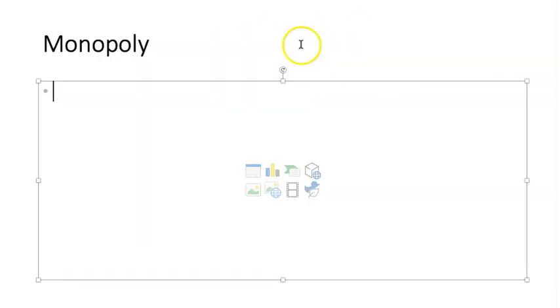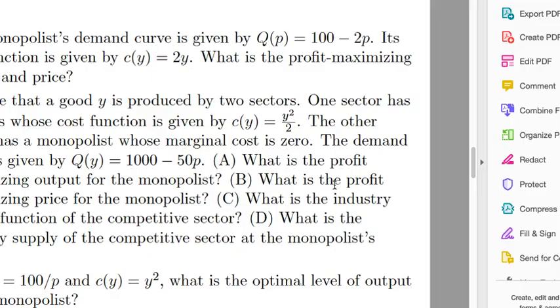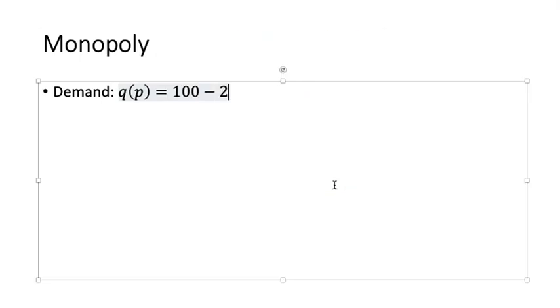Suppose your demand function is Q equals 100 minus 2P, right? And assume that the cost function C(Q) is equal to 2Q.